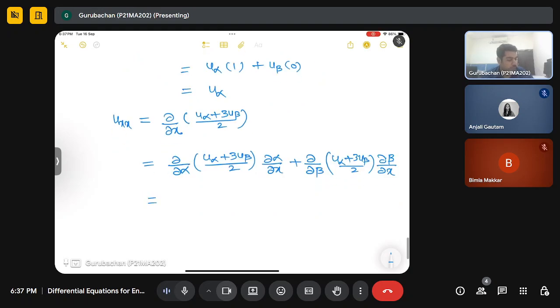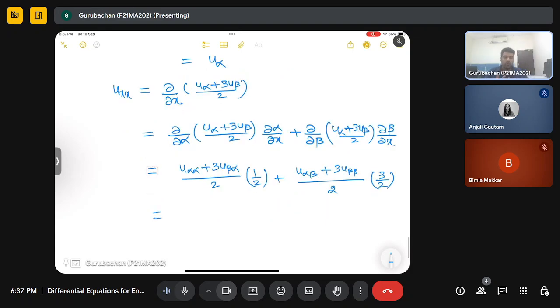So when we differentiate with respect to alpha, we get u alpha alpha plus 3 times u beta alpha, divided by 2, and this contributes as half. Plus, when you differentiate with respect to beta, u alpha beta plus 3 times u beta beta, divided by 2, and this contributes as 3 by 2.